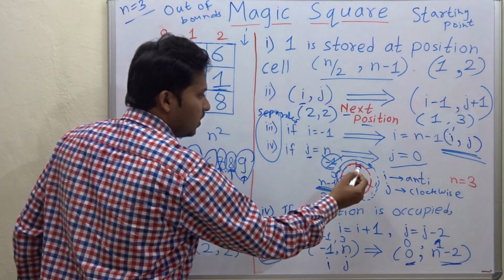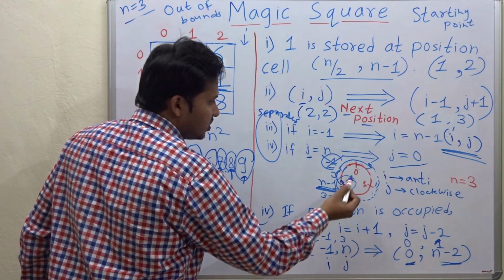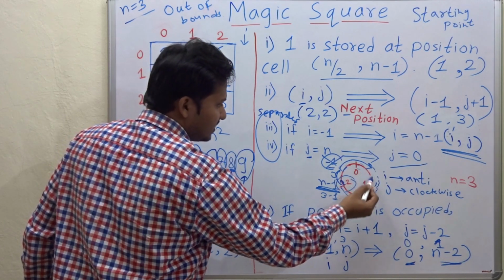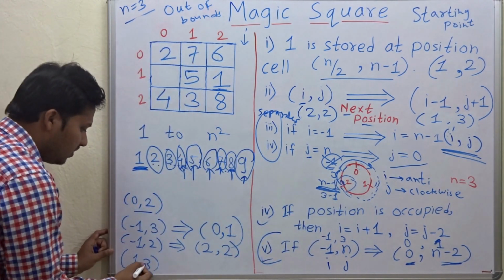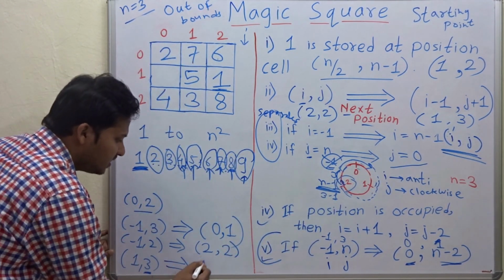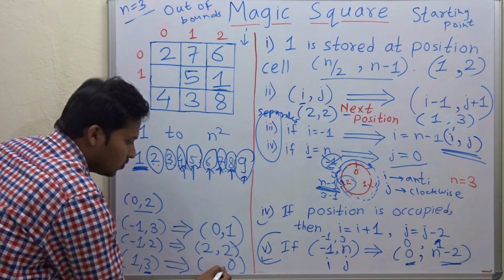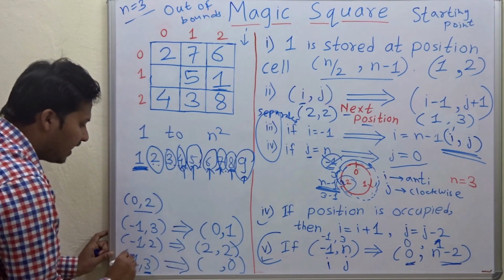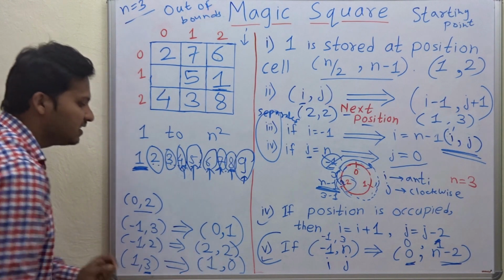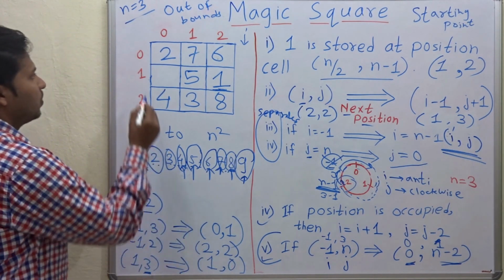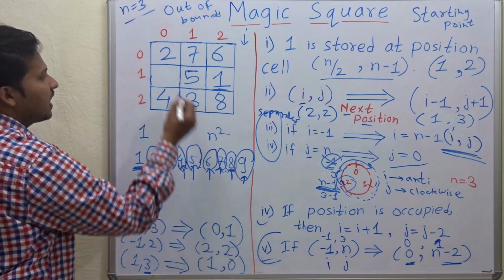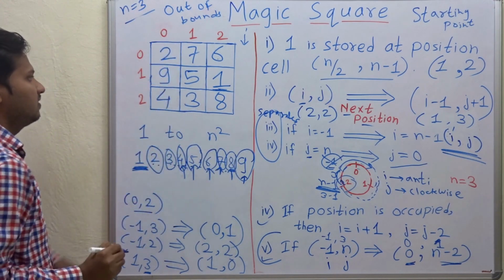So as you know, in the clockwise direction, if j exceeds 2, then it will be wrapped into 0. So 3 will be wrapped to 0. Okay, so j will be 0 and 1 will be as it is because it is valid. So the next position is 1 comma 0. So 1 comma 0 and 9 will be placed there.